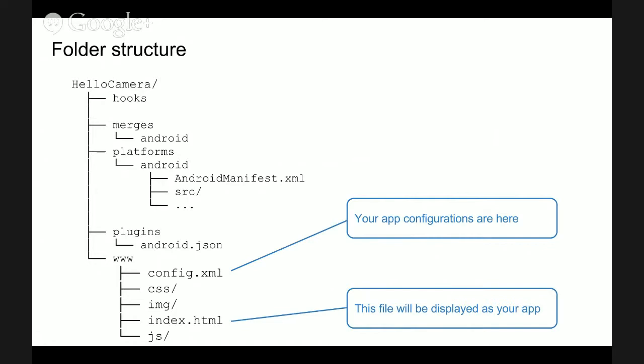So you can find that file and deploy it to the Google Play Store. It also generates the compiled binary.